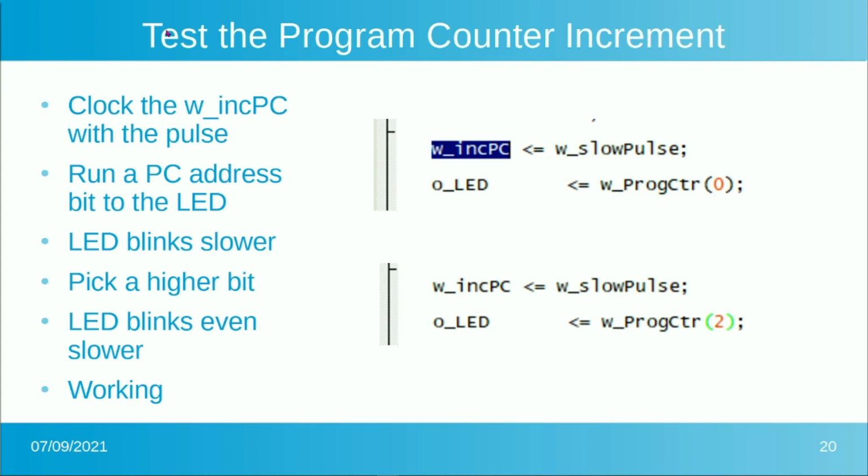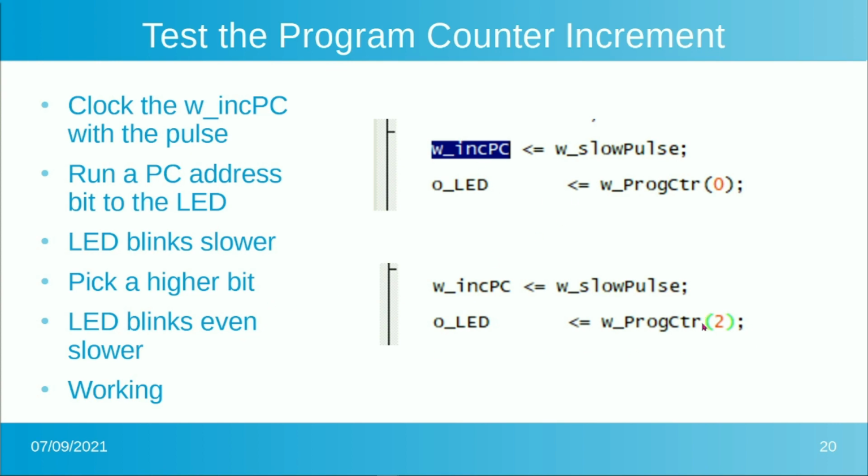So let's take that slow pulse and use that as our increment for the program counter, and then pick off a bit of that program counter and send it out to the LED. And when we run that, it blinks at a nice little rate.